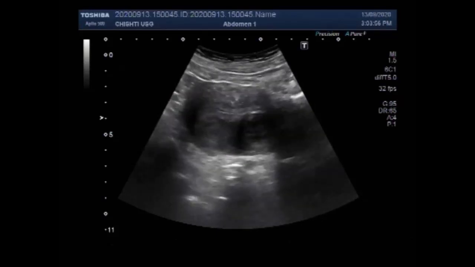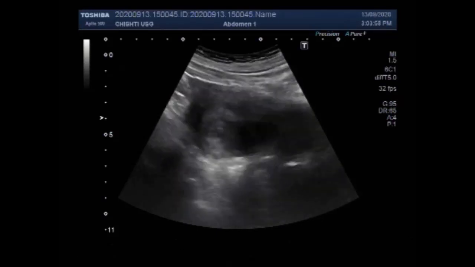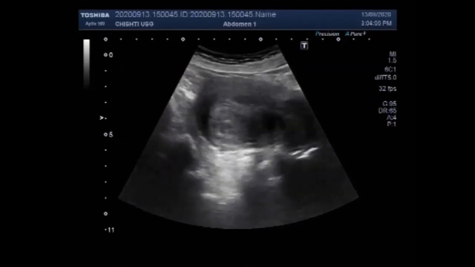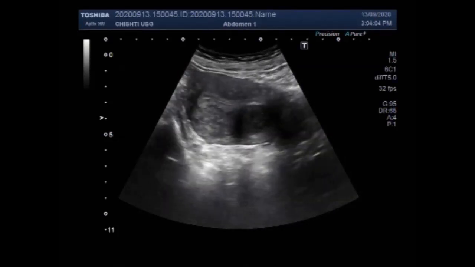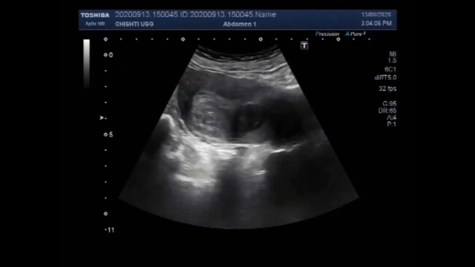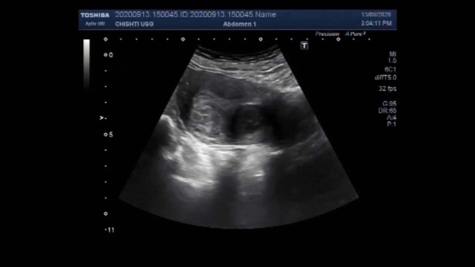One is hypoechogenic and the other is hyperechogenic. So there must be a change in the birth of both of these fibroids.